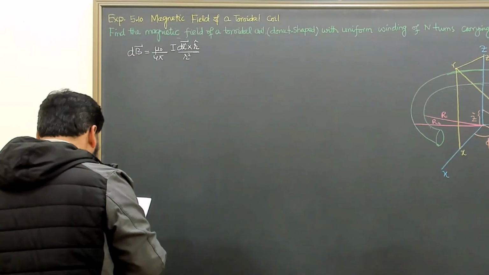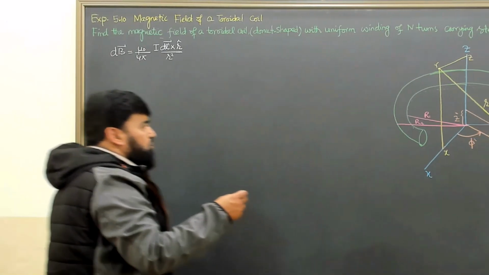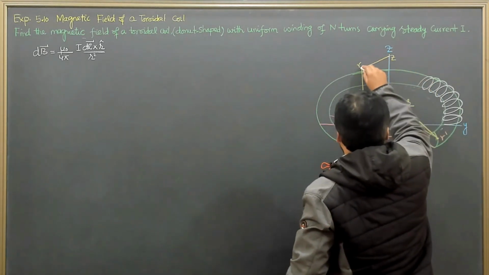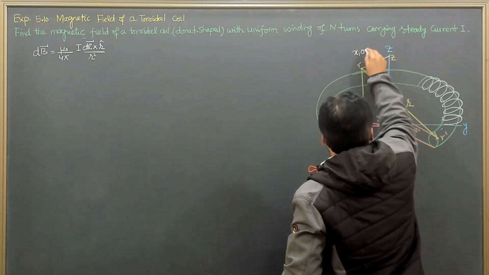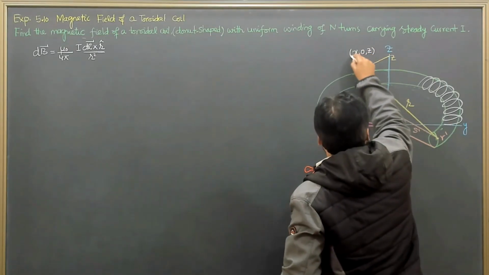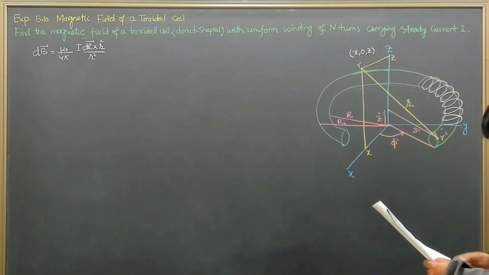So we have the observation point in the XZ plane. So the coordinates of this point are X, and 0 for Y, and Z. These are the coordinates of the observation point.